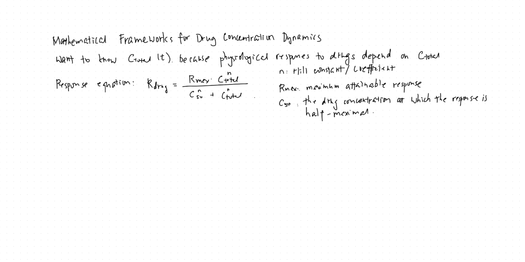And in order to get the C total, there are a lot of parameters involved. If you want to build a theoretical model, you need some modeling strategies. Here we are going to talk about the three common mathematical frameworks.